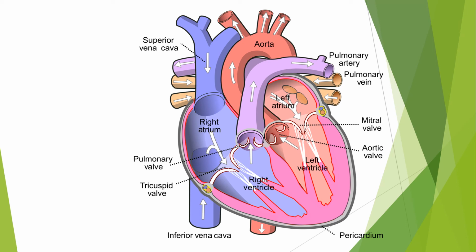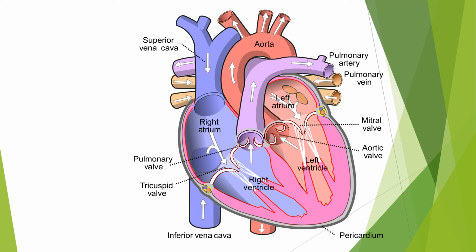This blood comes through the bicuspid valve, also called the mitral valve, to the left ventricle. When the left ventricle contracts, the blood goes through the aorta to the body. This is the simple structure of the heart and the way blood flows through it.